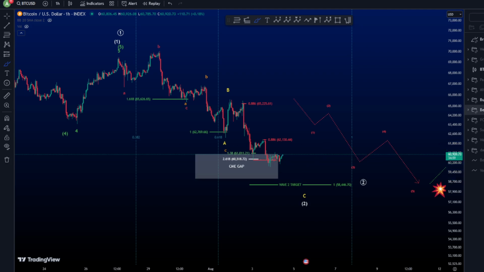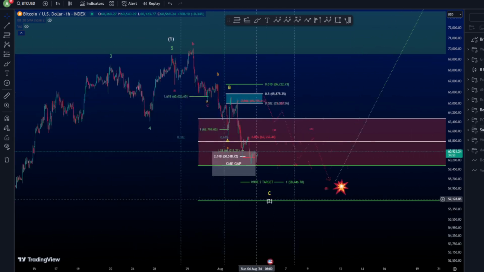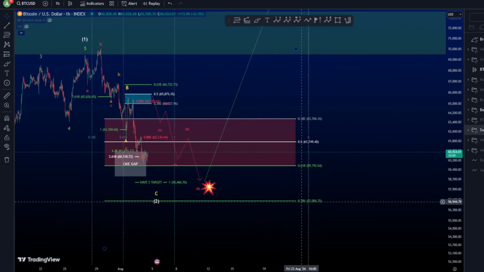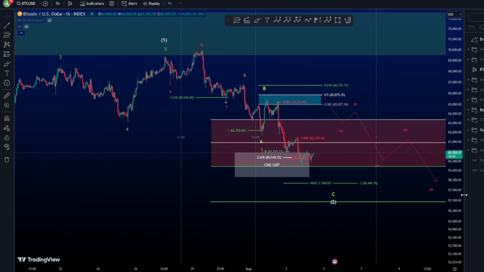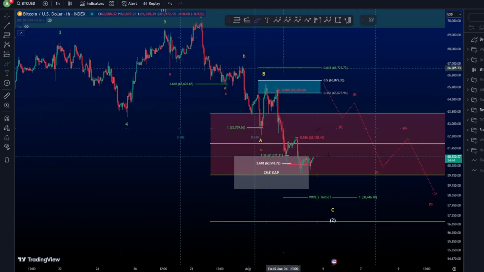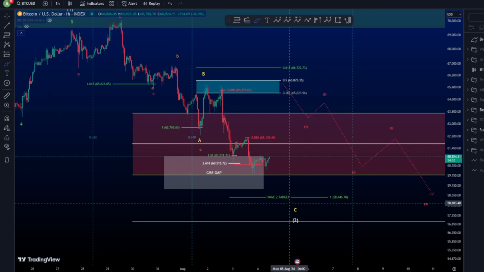However, because we are already in a very strong support area right now, which is the 0.618 at almost 59,800, and it has not yet been touched, we have already started to see some rejection and some range here, and a kind of formation of a 1-2 and 1-2, and maybe a pullback towards the upside.